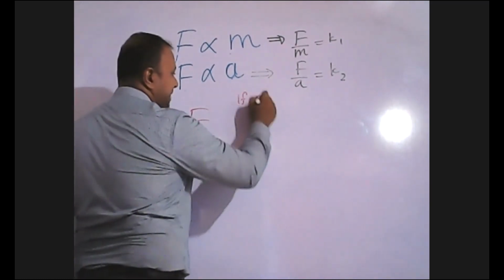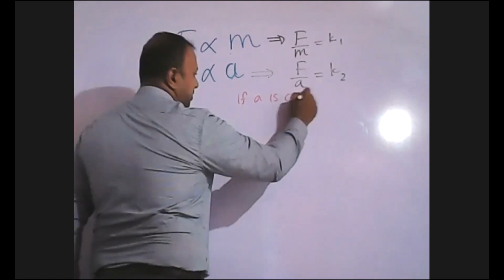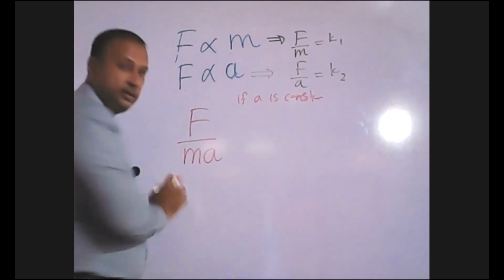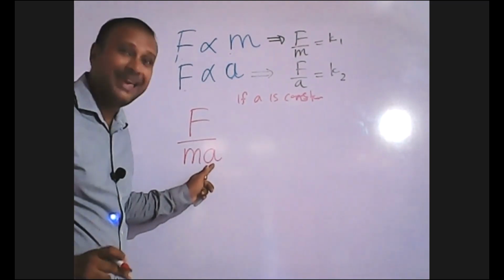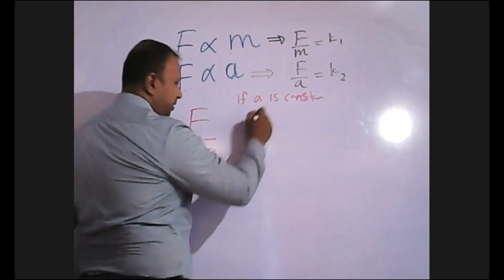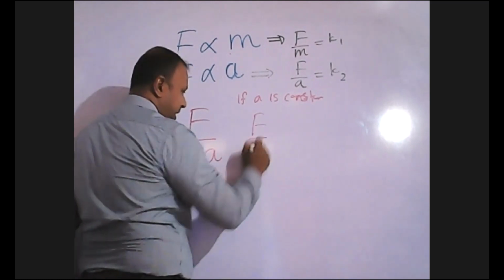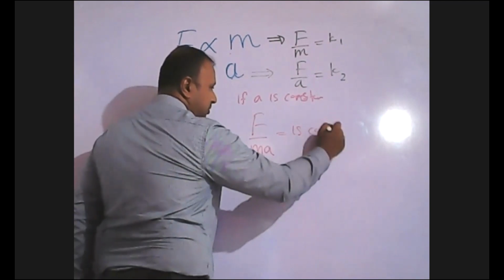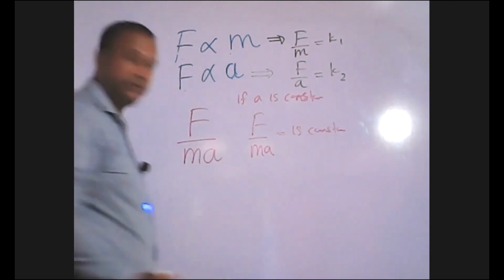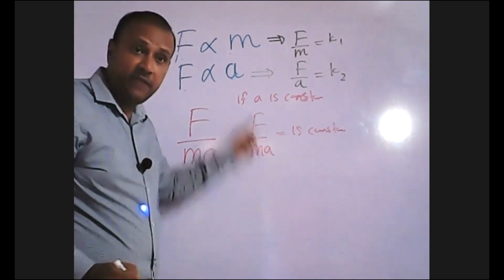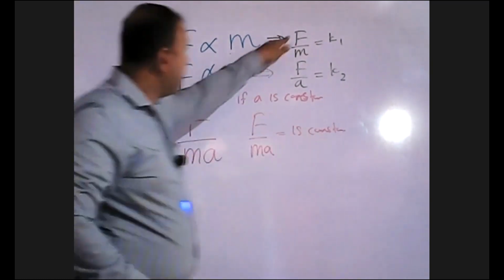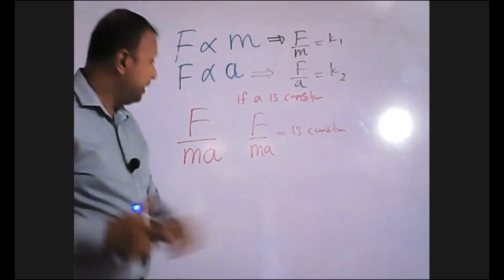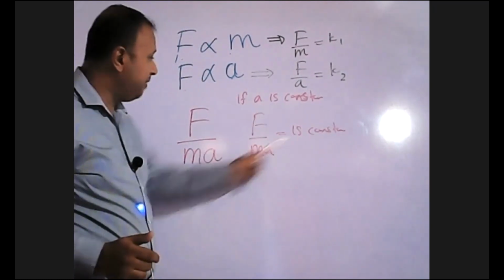If A is a constant, what happens? F over MA is a constant, no? F over M is a constant, because F over M is a constant. So if A is a constant, then F over MA is a constant.